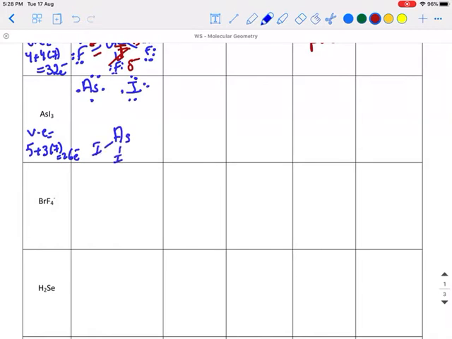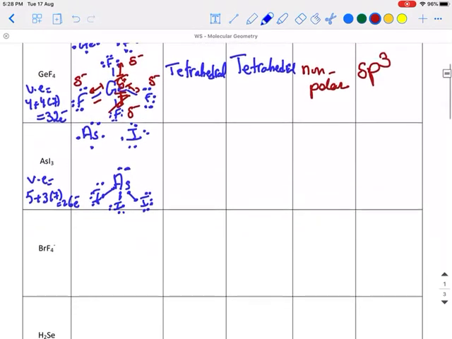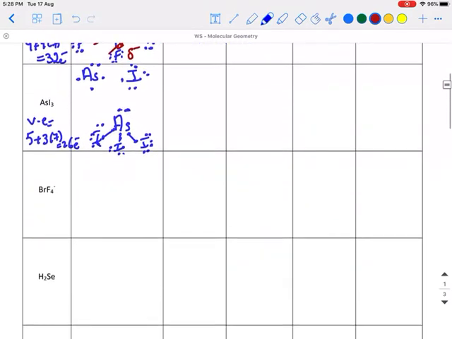So we have As surrounded by 3 iodine. Each iodine has 6 electrons multiplied by 3, which is 18, 19, 20, 21, 22, 23, 24, 25, 26.